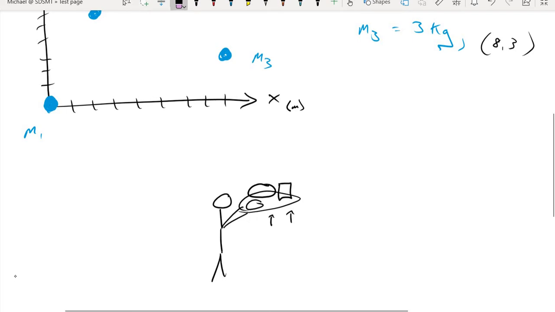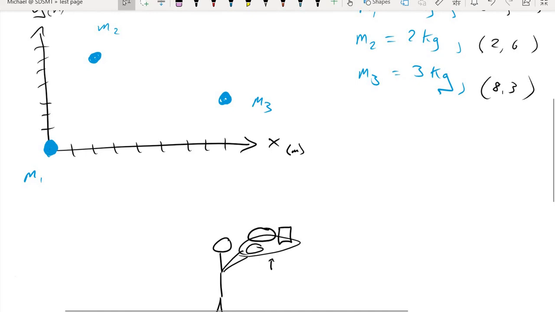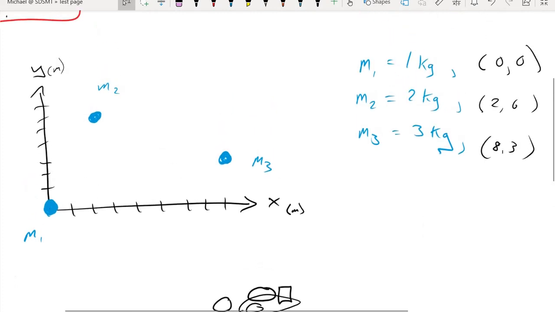Now, the name itself, center of mass, kind of implies that this balance point needs to be in the center. But if our masses are not of equal values, hence the 1, 2, 3 kilograms, we can't expect the center of mass to be at the geometric center of the system.